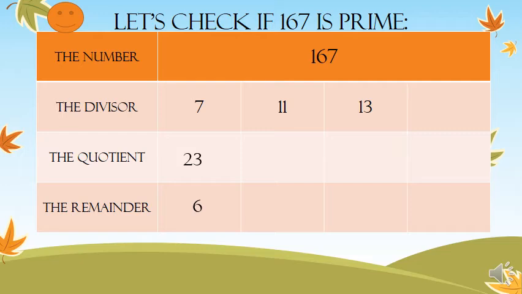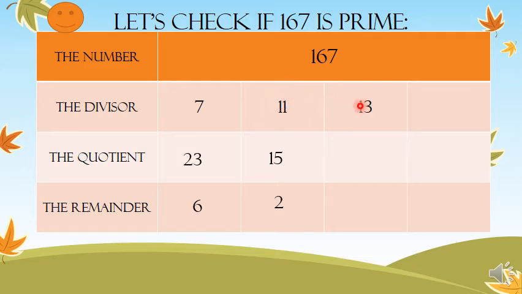So it's not divisible by 7. I continue to the next prime number, which is what? Which is 11. Now I have to divide by 11. 167 divided by 11 gives me 15, and the remainder is 2. So 167 is not divisible by 11.